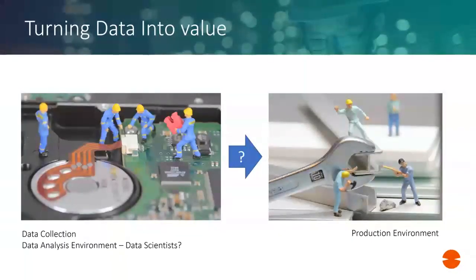So we'll have a look at what is needed to cross the chasm between your data collection, be it streaming or be it from a process historian, and the analysis environment where data scientists may search for insights in your data, and the production environment where the streaming data in combination with, for example, deployed machine learning models can be used to prevent unwanted downtime or improve asset integrity.